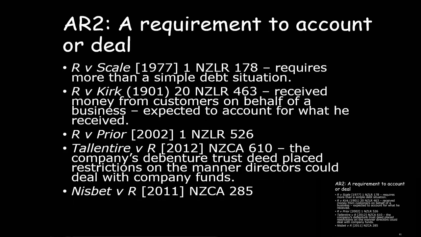Right? And where problems arise is whether or not you're looking at a simple debt situation or whether or not property was provided on terms sufficient to earmark the property. Okay? And that can become a very difficult fine line to navigate depending on your documentation.